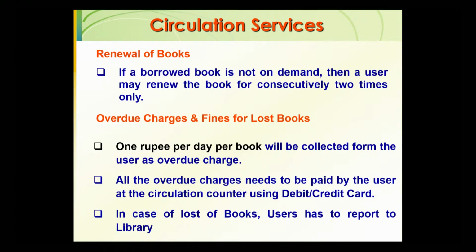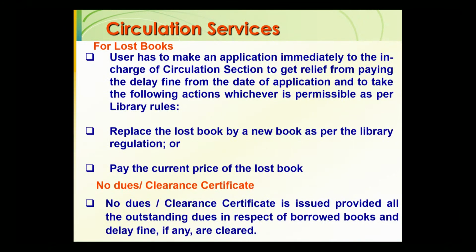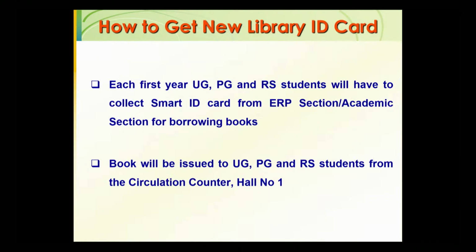Most students have difficulty after issuing books: they have lost the books. Some friend has taken it out and has not returned it, or somehow the book is lost. So how to replace it? There is a rule for how to repay or replace a lost book. Everything is there, don't worry, this is possible.